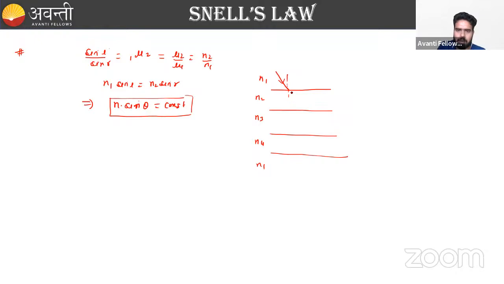All the normals are parallel to each other. Then what we observe is that the light ray emerging from the final surface makes the same angle as the incoming ray. If this angle is theta, this angle is also theta. This can be observed by using Snell's law.